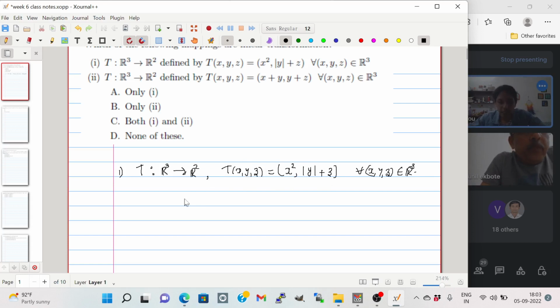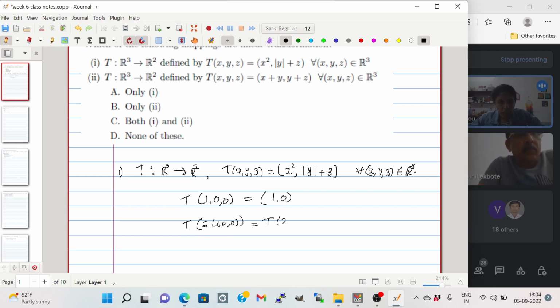So we will check one example. I am taking T of 1, 0, 0. What is T of 1, 0, 0? Can anyone tell? Yeah, 10. We are just applying the map. Now I am taking the constant 2 and the vector 1, 0, 0. That is T of Cx, that is T of 2 into 1, 0, 0.